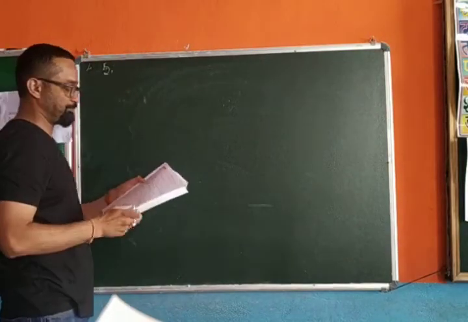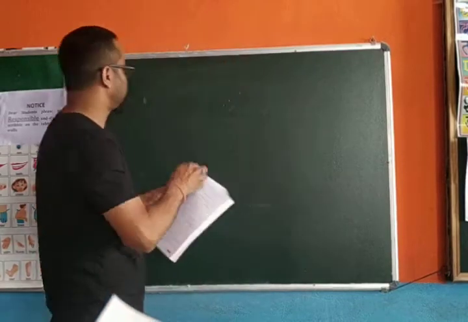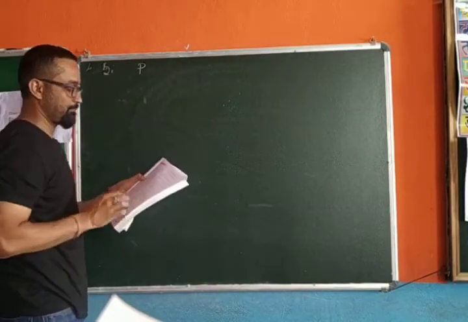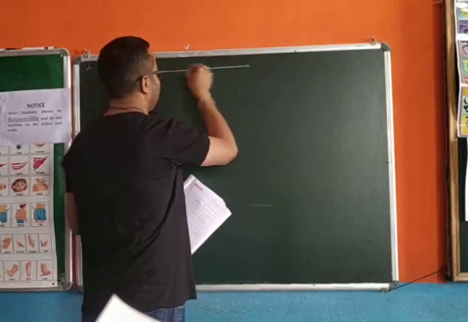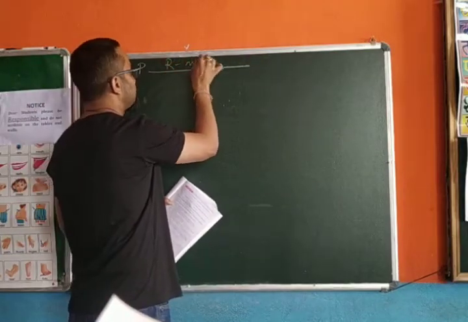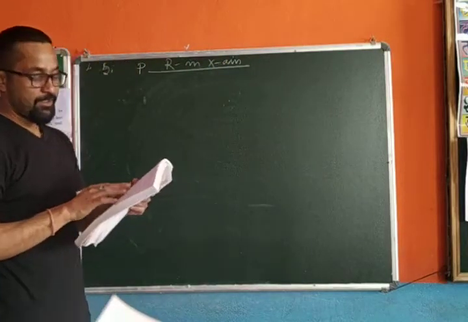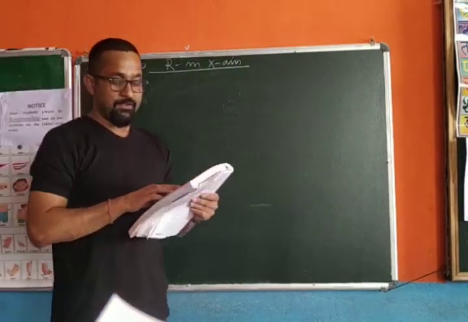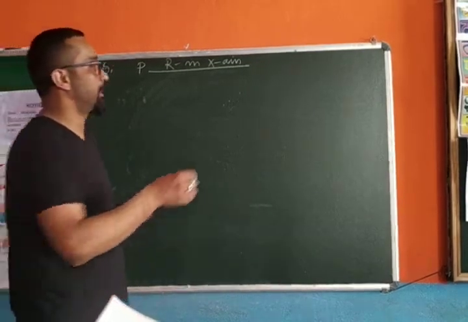Question number 5. Question says that a point P, so you write P, is reflected in x-axis. You write the reflection. Coordinate of its image are 8, -6.